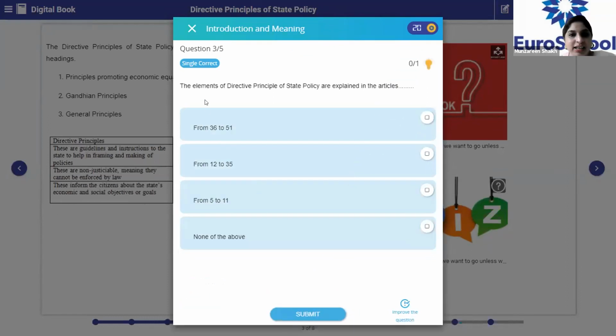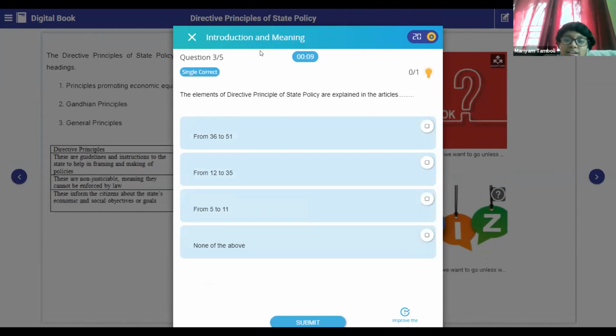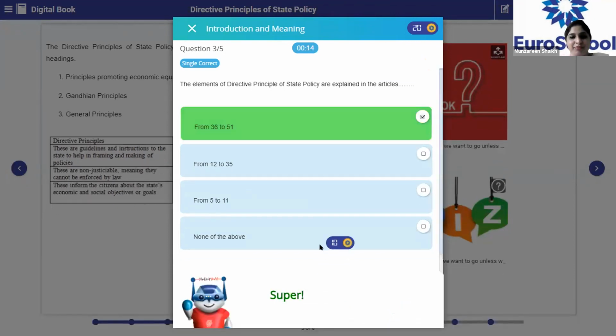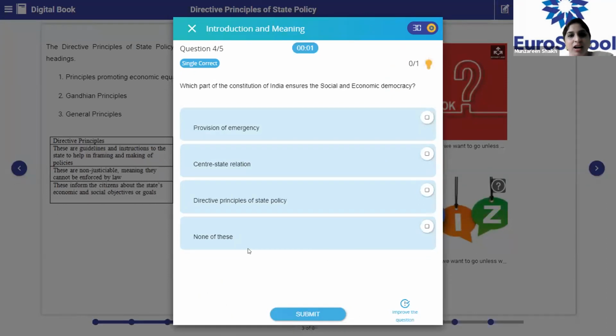Next. The elements of directive principles of state policy are explained in the articles 36 to 51. Very good. Next. Which part of the Constitution of India ensures social and economic democracy?